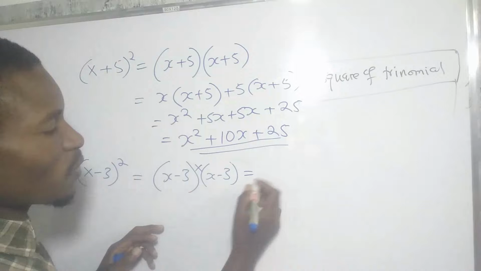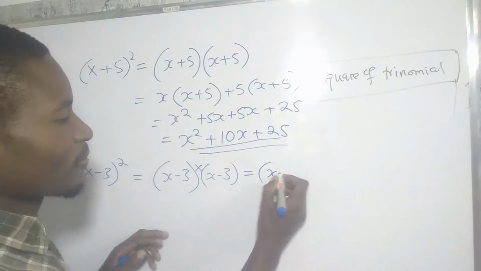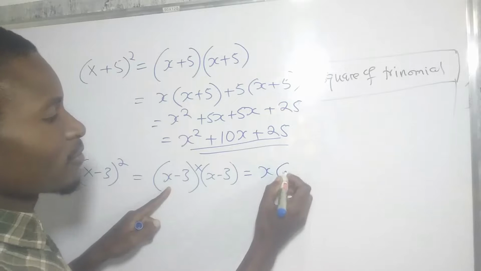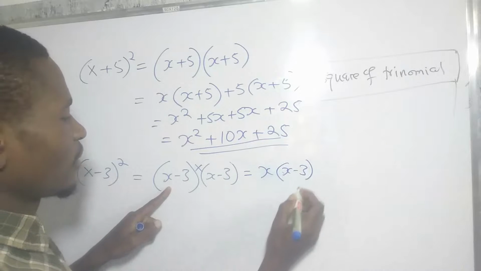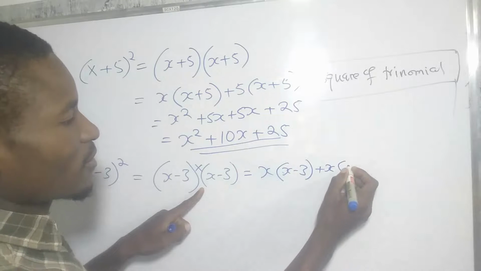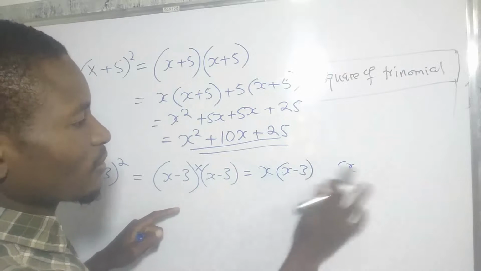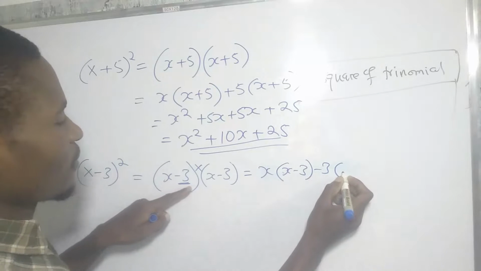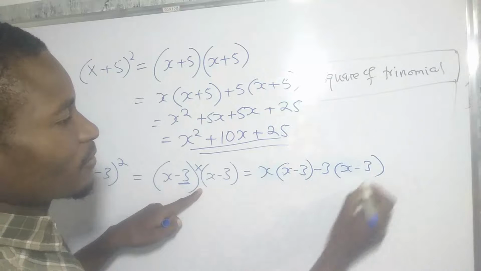So now this one can be x outside, then x, then you come to this one, plus x, this one, x, this, then x minus 3.